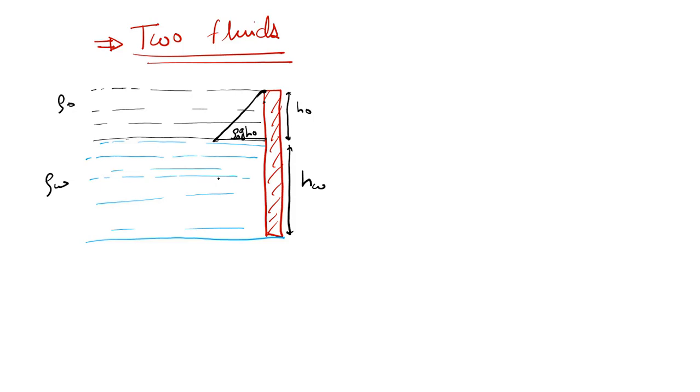And then we will have water. Water density is more, so this will be even flatter, because the rate of increase in pressure will be high. The slope will be high. What is rho g? Rho g is nothing but the slope of this triangle, right?